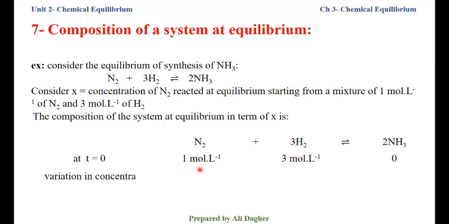Variation: minus X for N2, minus 3 over 1, that is 3X, for H2, and plus 2 over 1, that means plus 2X, for NH3. At equilibrium: 1 minus X, 3 minus 3X, 0 plus 2X, that is 2X.